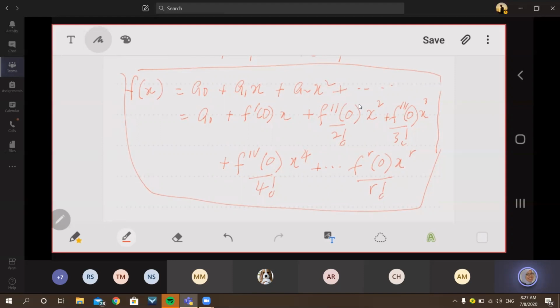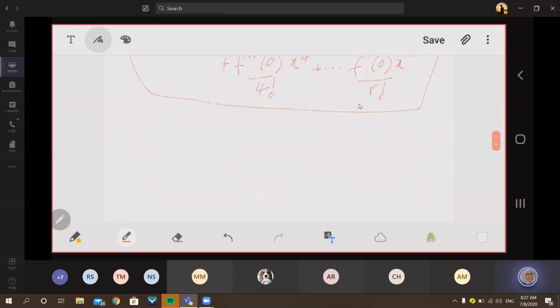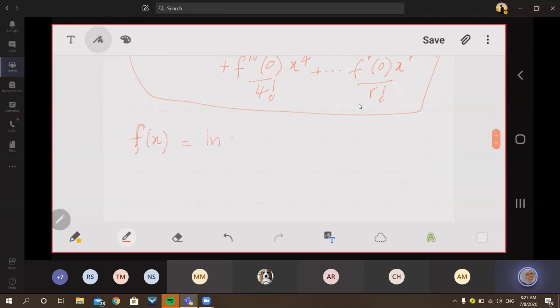Let's say for example, f of x is equal to ln x. f prime of x is equal to 1 over x. Alright? Can you have this?